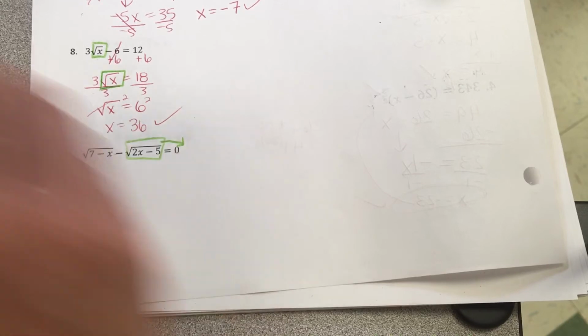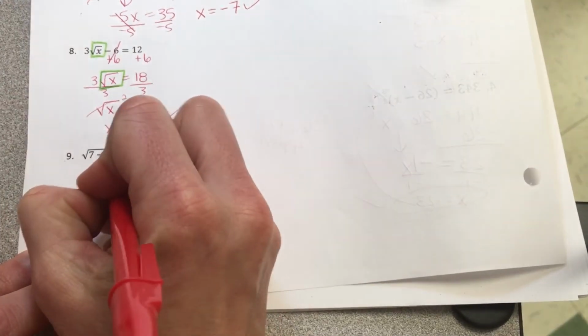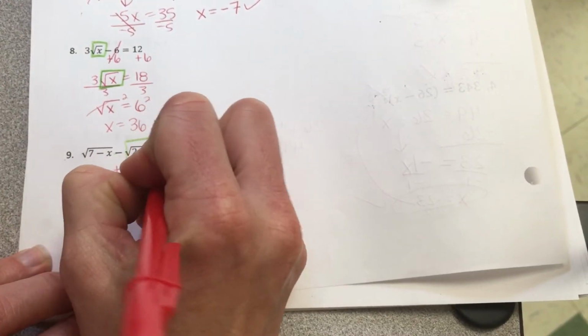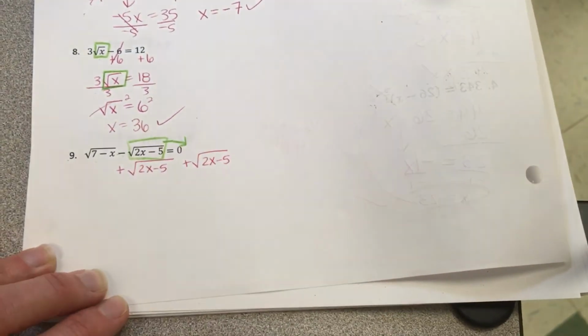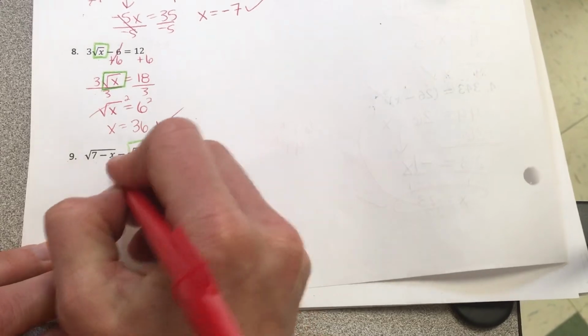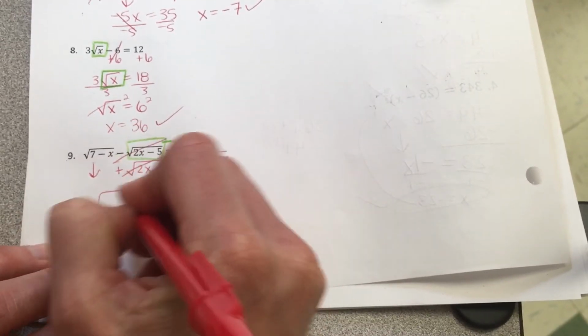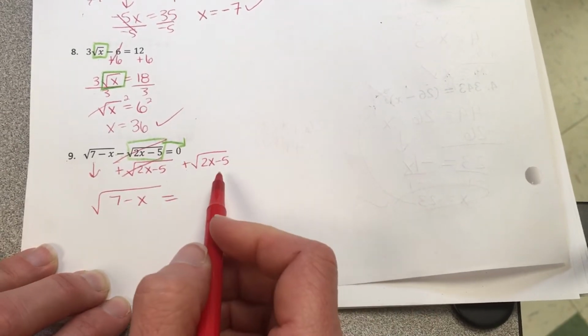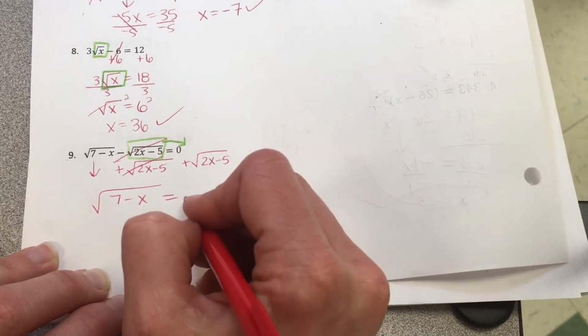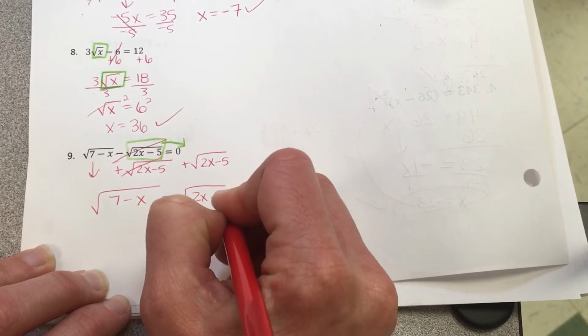Okay. So technically what we're doing is we are adding this to both sides. So those two would cancel and you're left with square root 7 minus x equals, what's 0 plus that? The same thing, right? Okay.